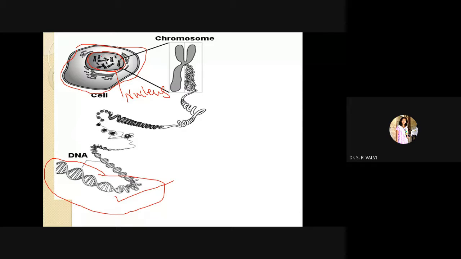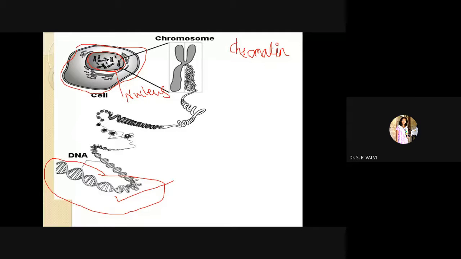These chromosomes are again made from fiber-like structures. So chromosome is made up of what? A fiber-like, thin thread-like structure. Those fibers are called what? Chromatin, right?